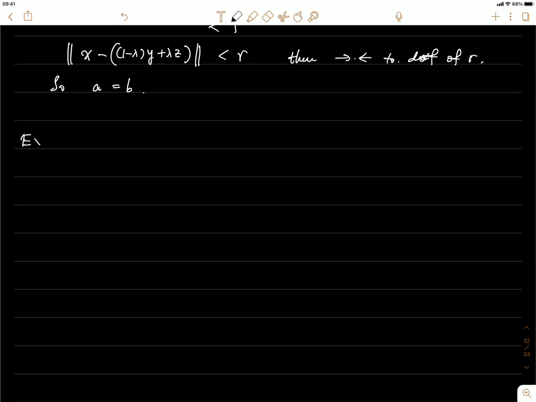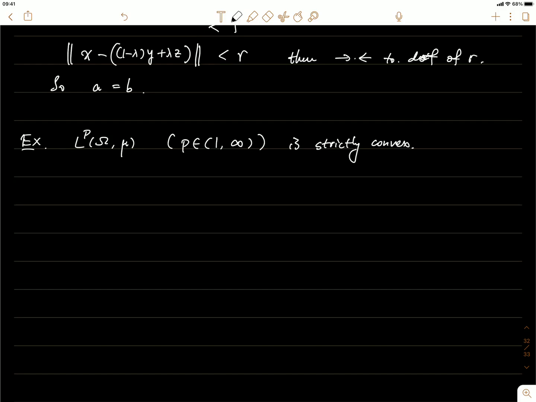Okay, let's look at an example. A popular example of a strictly convex space in functional analysis or in measure theory is this: say I have the LP space where P is strictly between 1 and positive infinity. This is strictly convex.